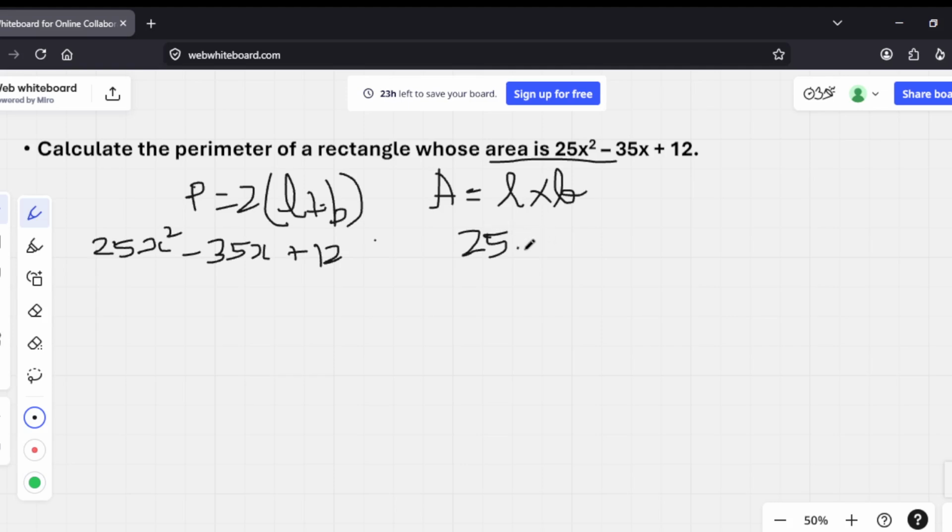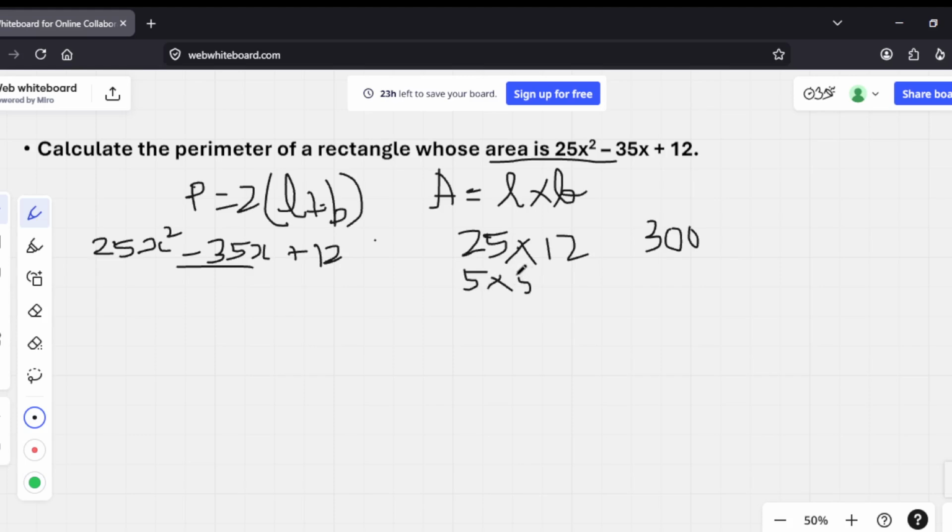Coefficient of x square is 25 and the constant is 12. That we will multiply, and by adding or subtracting you should get the middle term, which is minus 35 here. Normally people tend to directly multiply it and get a huge number, like for example this 25 into 12 is 300, and then further you try to split them into two different factors, but that is quite time taking.